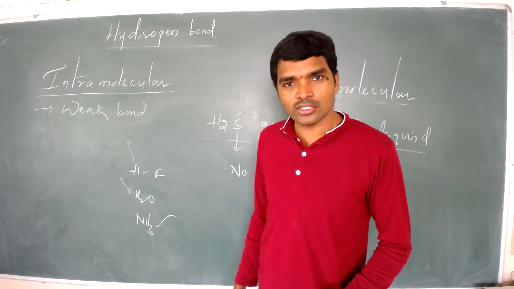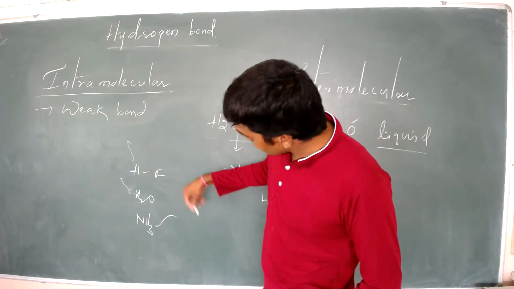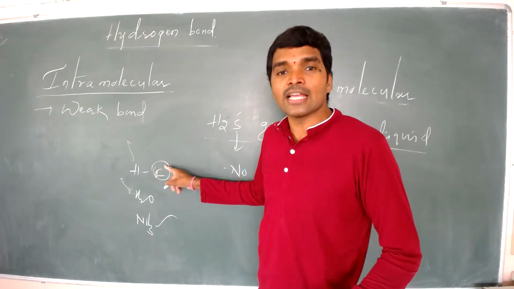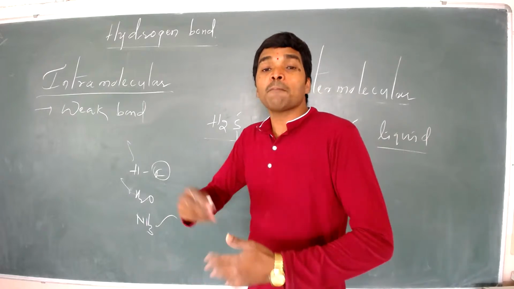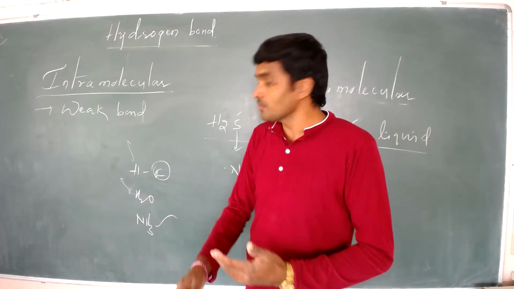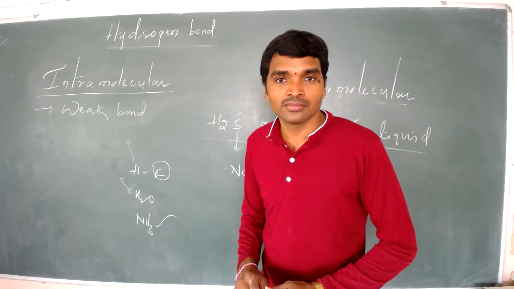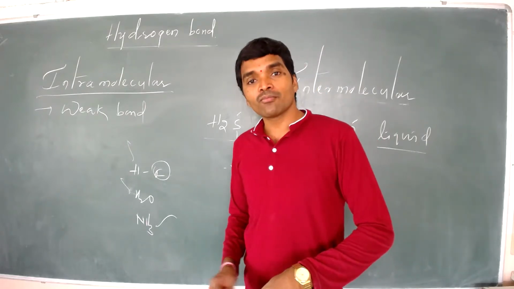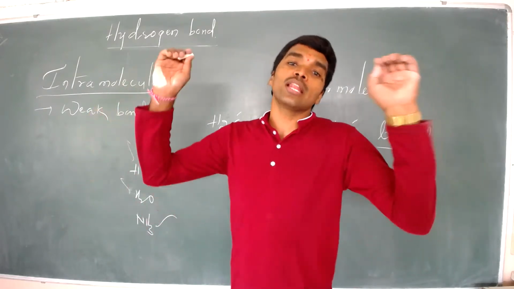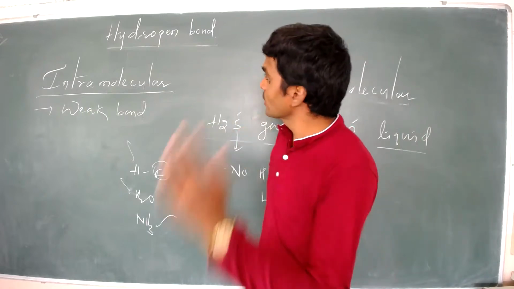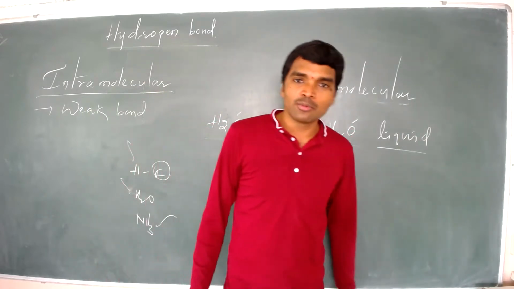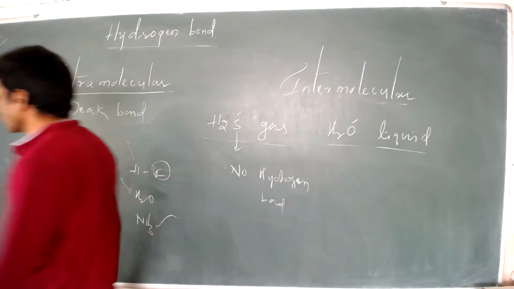Among these three molecules, electronegativity is highest for fluorine, so the bond strength of the hydrogen bond is highest for HF, because fluorine is the most electronegative element. So this is the information about the hydrogen bond.